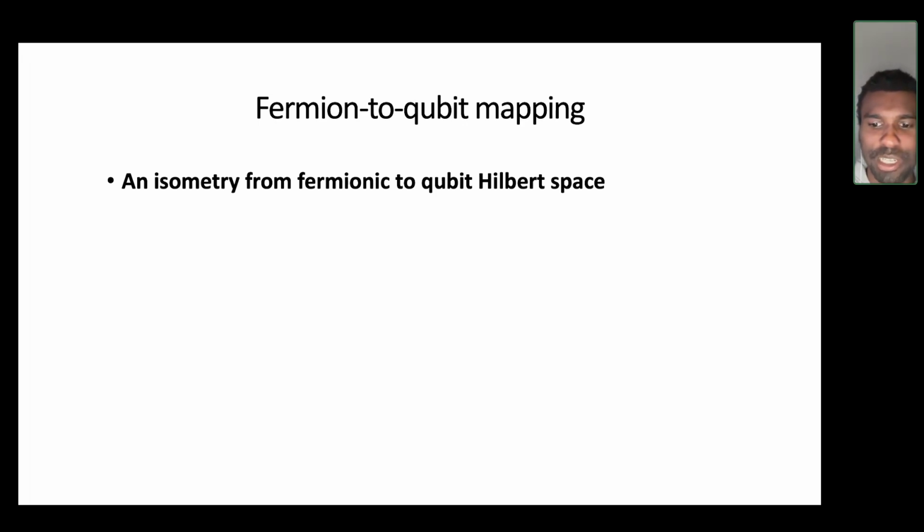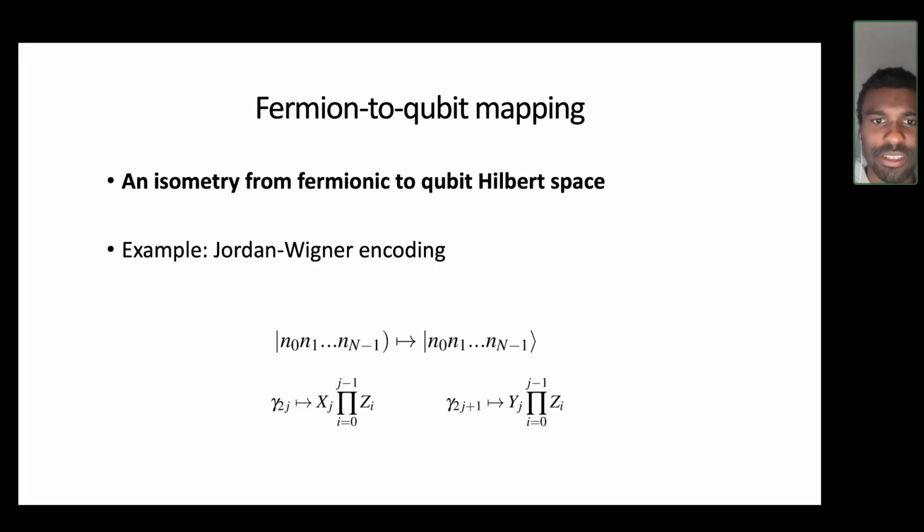You all know what the qubit space looks like. But yeah, the simplest example of a fermion-qubit mapping is the Jordan-Wigner mapping, or the Jordan-Wigner encoding. We use the terms mapping and encoding interchangeably in this subject.